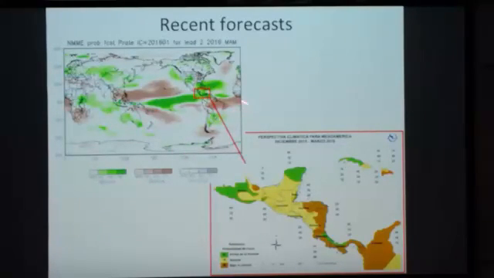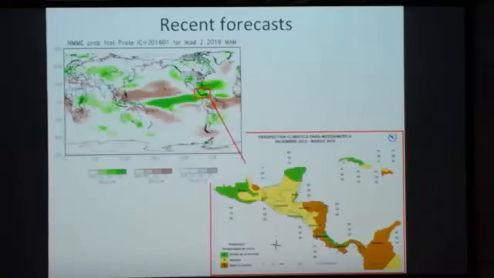Here, the dry conditions over Nordeste, but also extending back over the Atlantic. In this little box of interest for many people in this room, or maybe slightly to the north, you see generally wetter conditions, or the prediction for above normal rainfall.